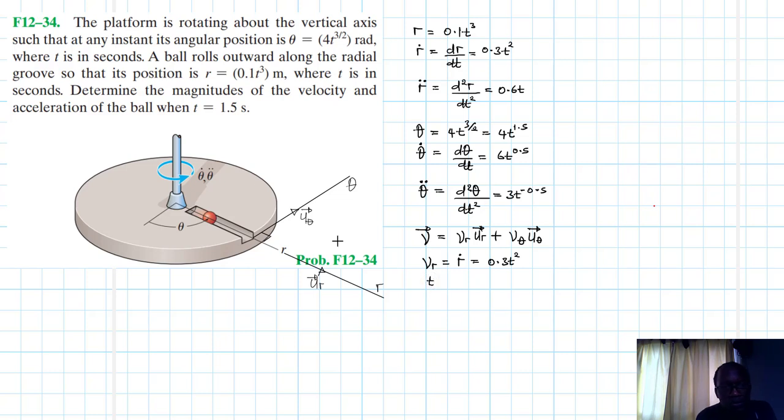We've been told that we are supposed to calculate these values at t equal to 1.5 seconds.